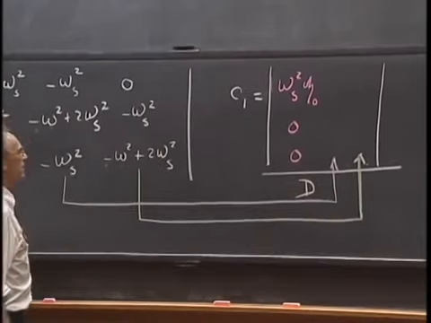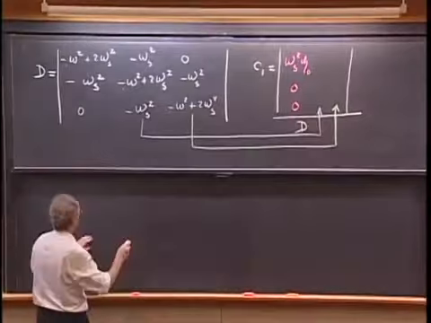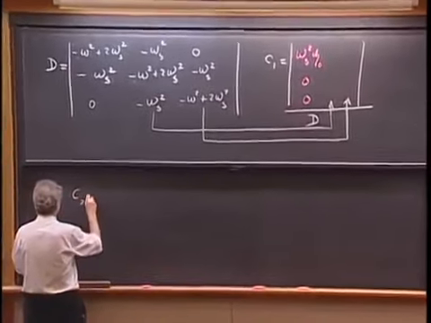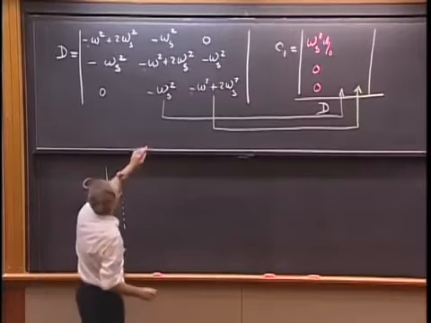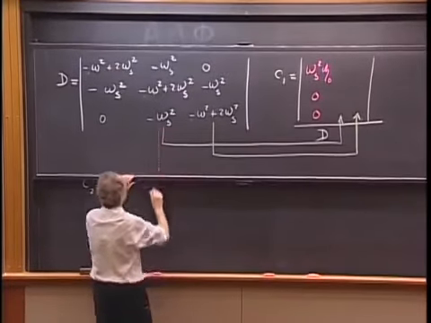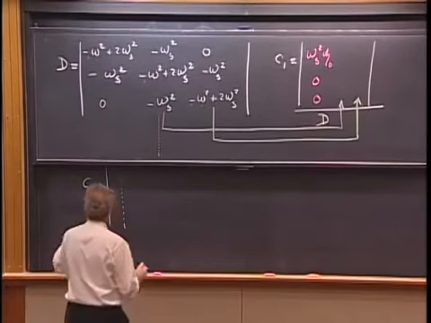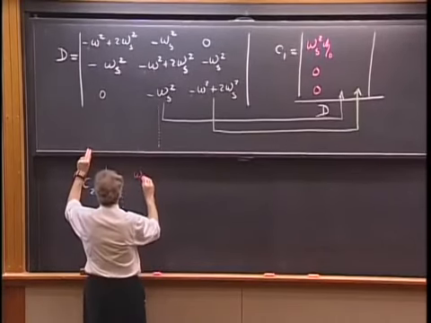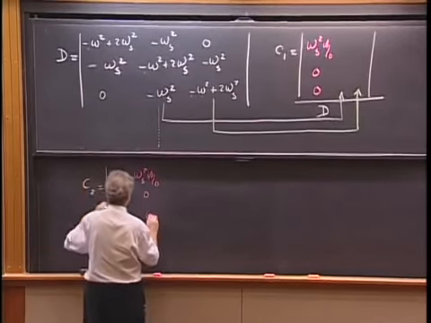And of course, I will only go one step further to go to C2, but that becomes a little boring now. C2 then, you get, that's this one. And then the second column, according to Cramer's rule, is going to be omega s squared eta 0, 0, 0.